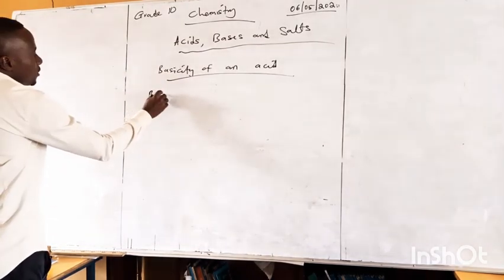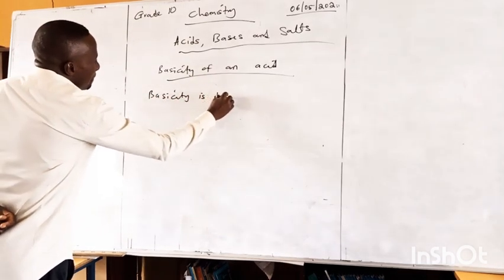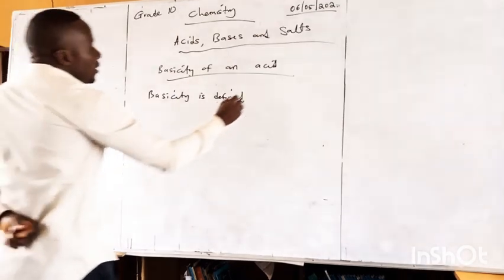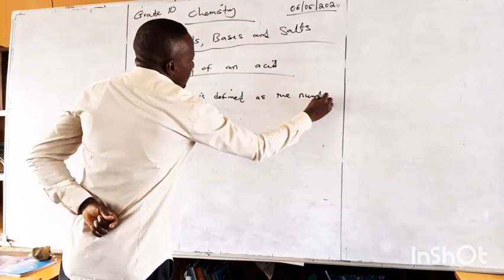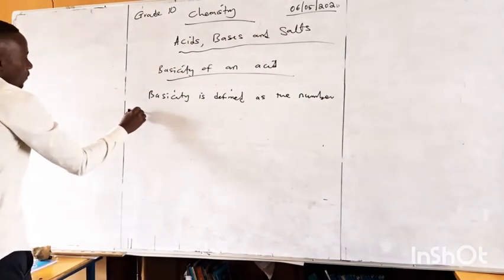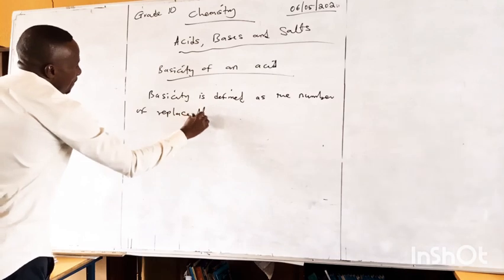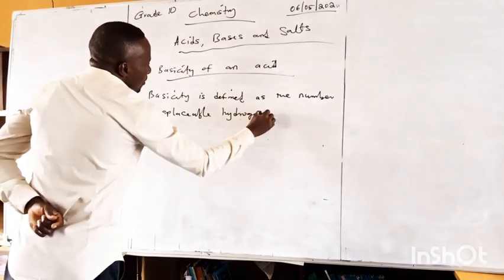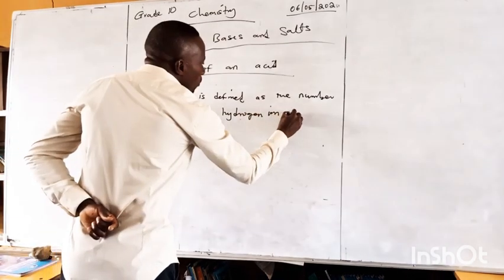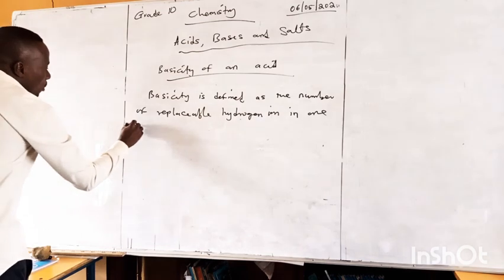Basicity is defined as the number of replaceable hydrogen ions in one molecule of an acid.